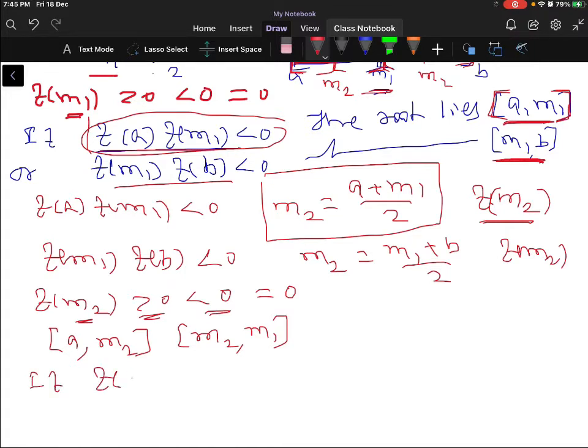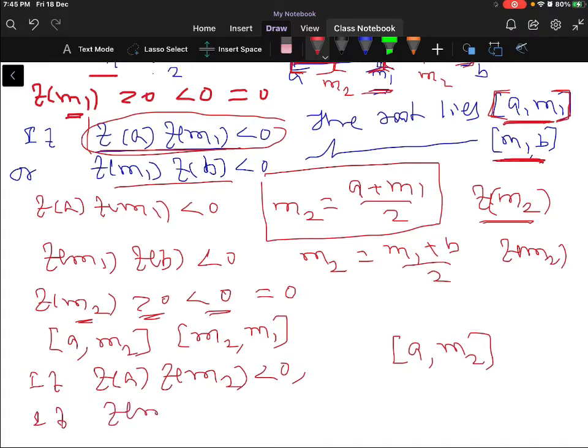Suppose f of a into f of m2 is negative, then the root lies in the interval a comma m2. Or if f of m2 into f of m1 is negative, then the root lies in the interval m2 comma m1.